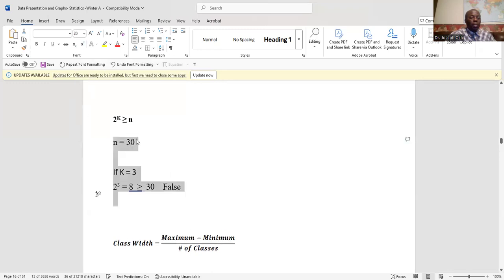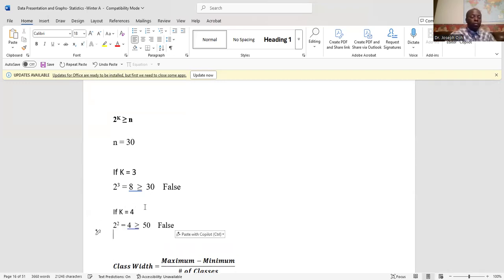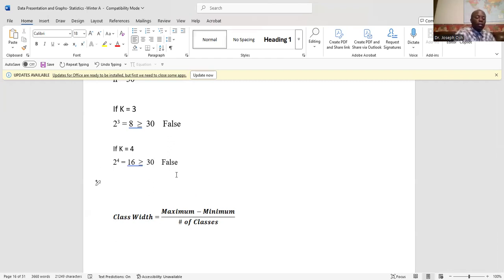Let us try k equals 4. 2 to the power 4: 2 times 2, 4, times 2, 8, times 2, 16. So 16 is less than 30, and 4 doesn't work. Let us try 5.